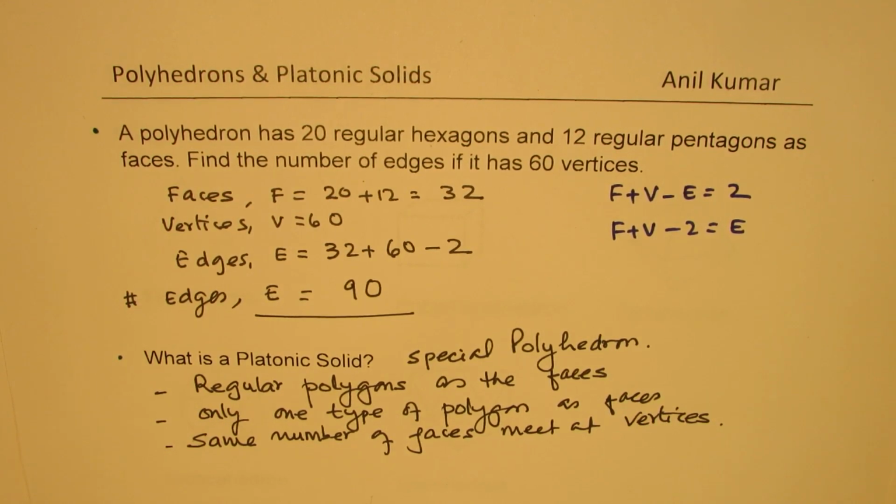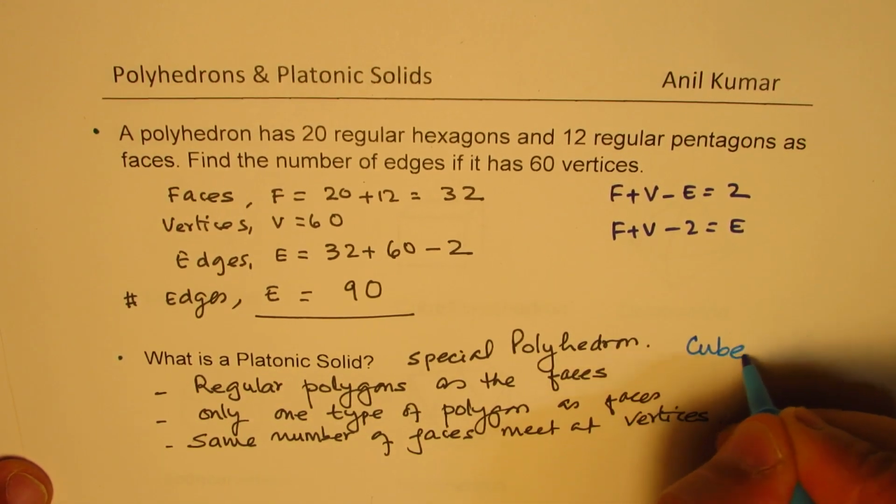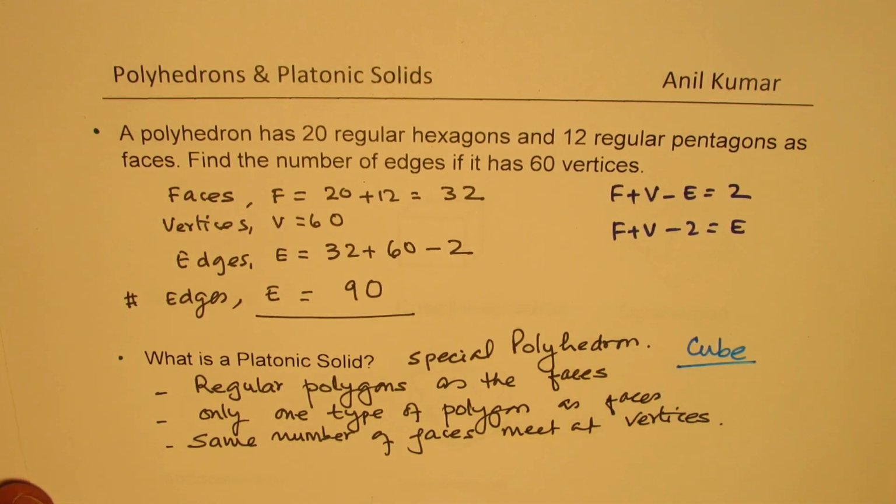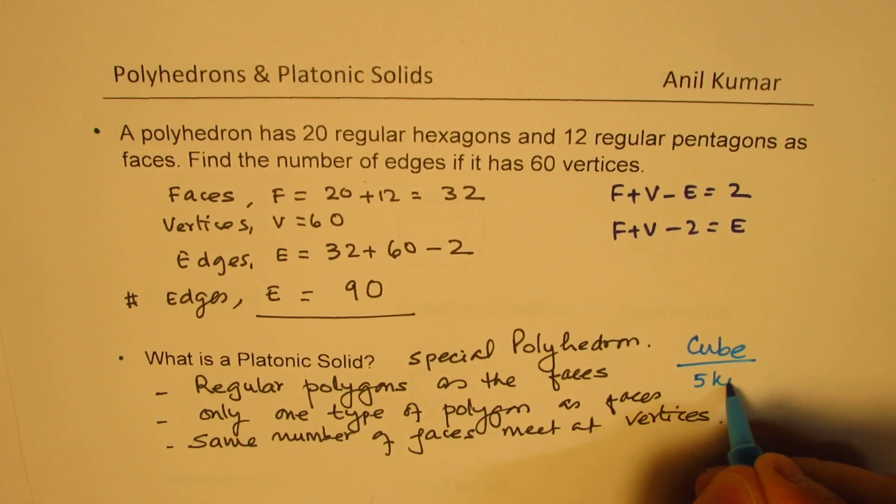If we have square, like a cube, cube is a good example. In a cube, all are exactly similar polygons, squares, and the same number meet at each vertex. There are only 5 kinds which we have here.